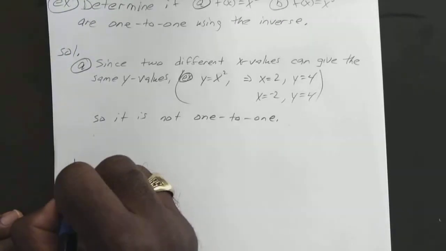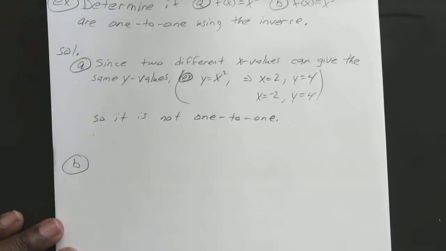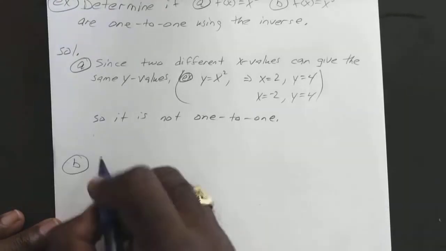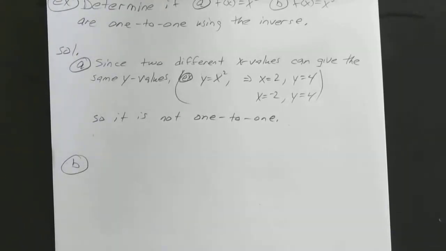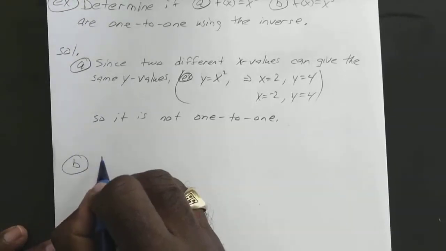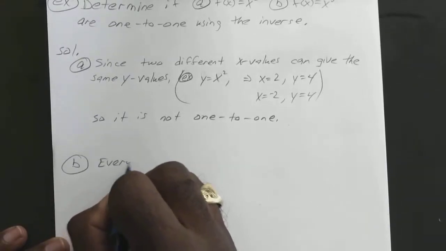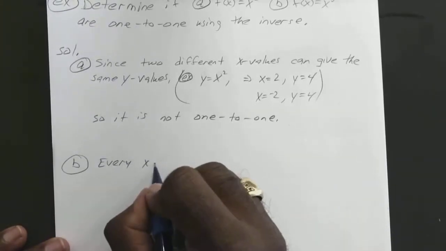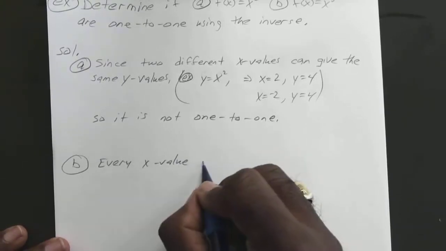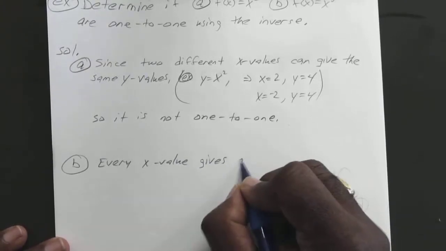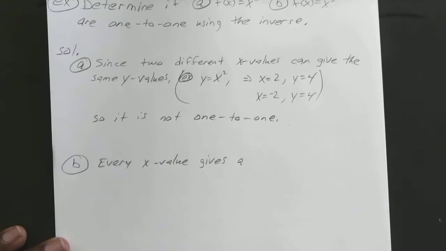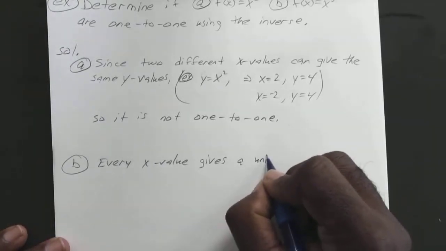Okay, so for b, we know that each individual x value will give you a different y value, and each individual y value will give you only one x value going to it. Okay, so if we have every x value gives a, I guess you can say, unique y value.